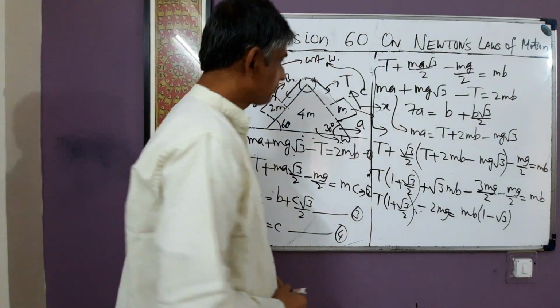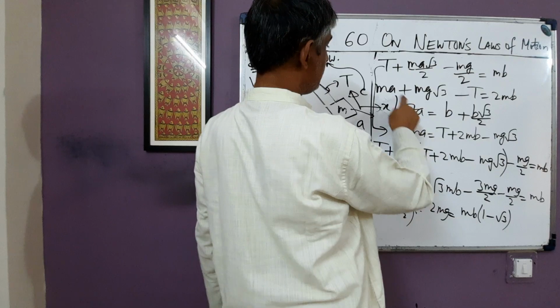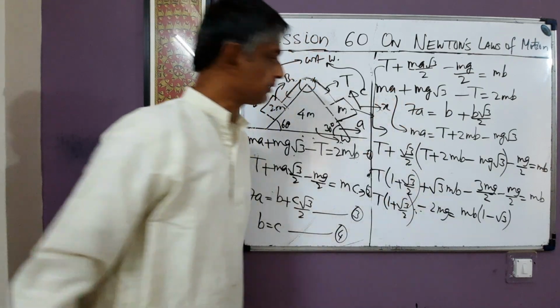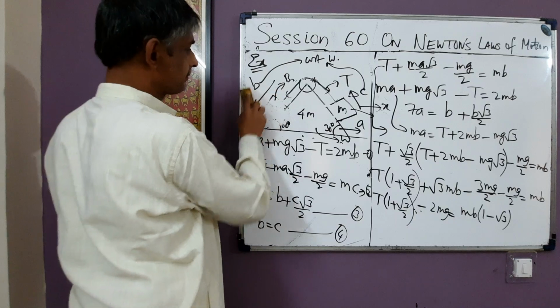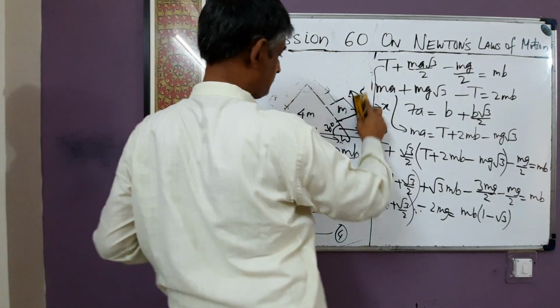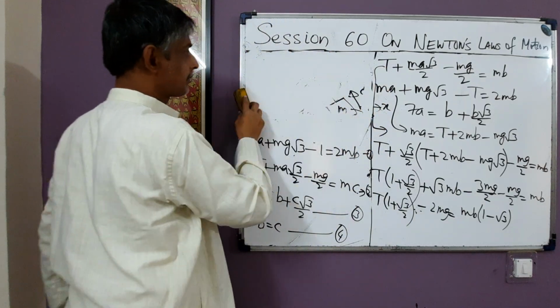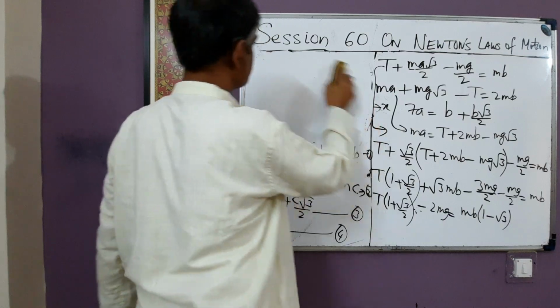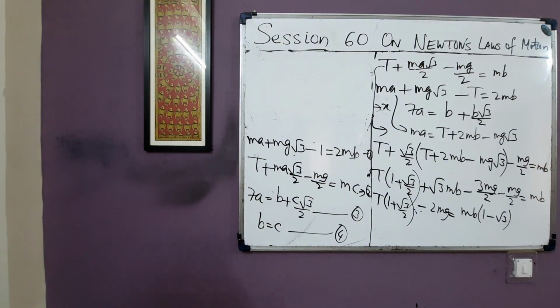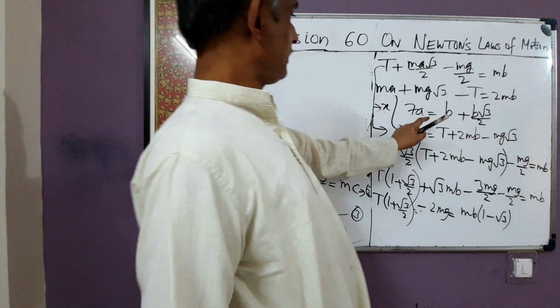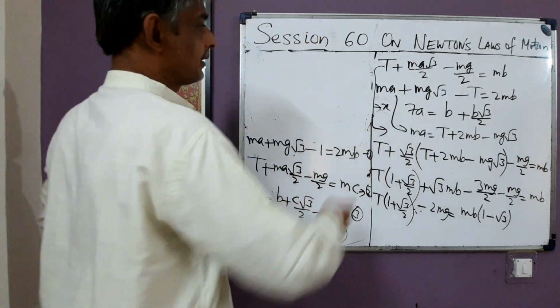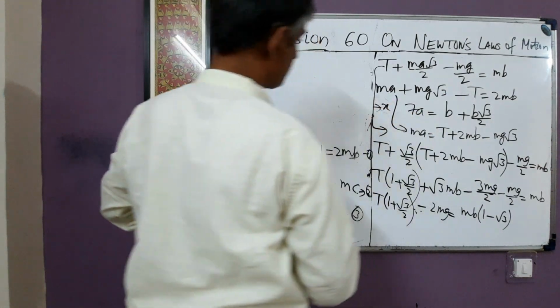Now this also I have obtained. Now what I do, I replace this a, I put this a in this equation. So now I put this A in this equation, okay?